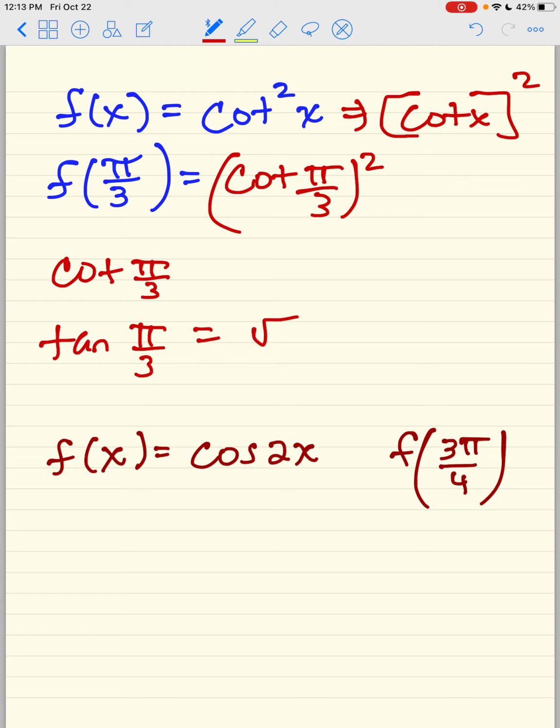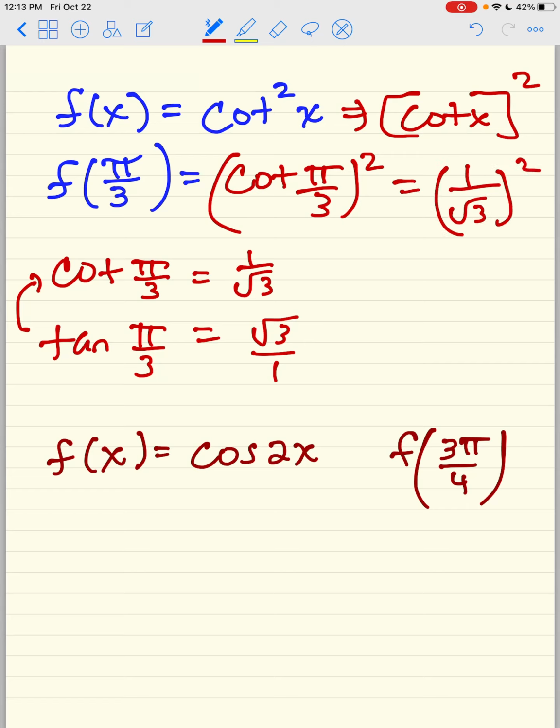Tangent of 60 degrees is radical 3, or radical 3 over 1. The reason why I said radical 3 over 1 is because the reciprocal, you're going to have to flip it. Now, some of you are going to try to rationalize it right away. I wouldn't. I would actually go like this. 1 squared is 1. Square root of 3 squared is 3. 1/3. So you just do the exponent last, okay?